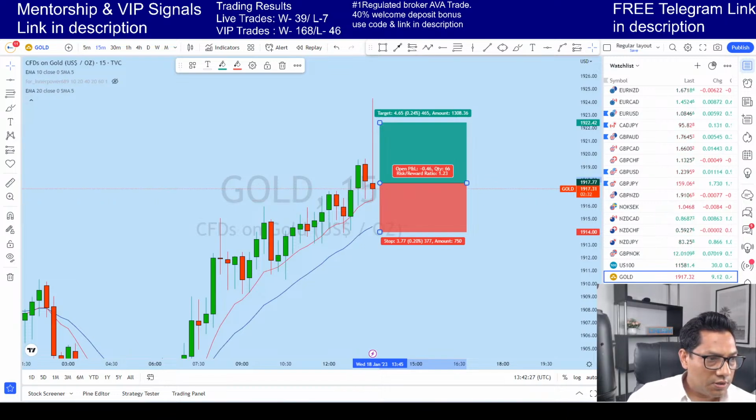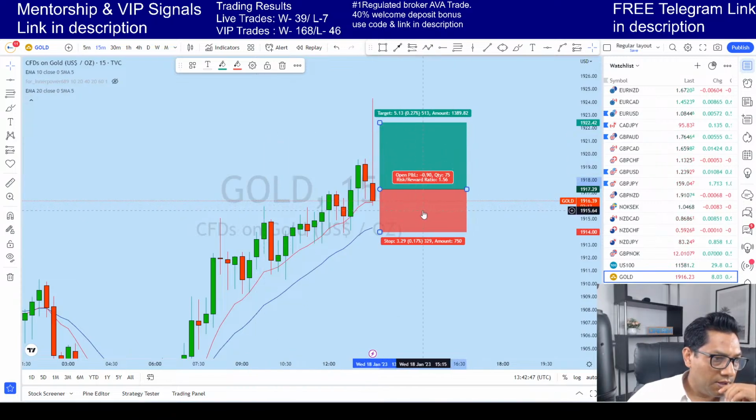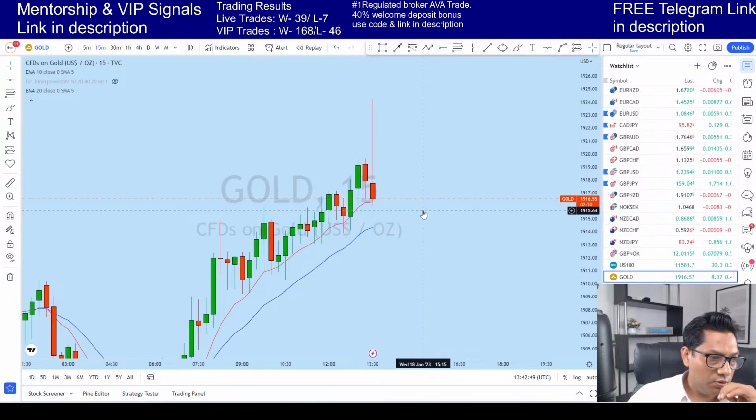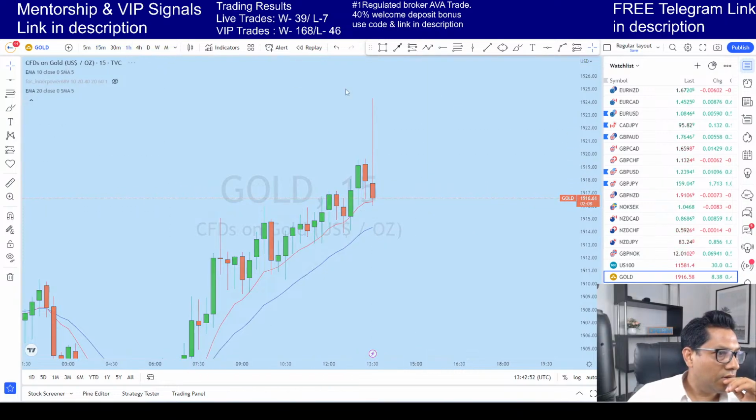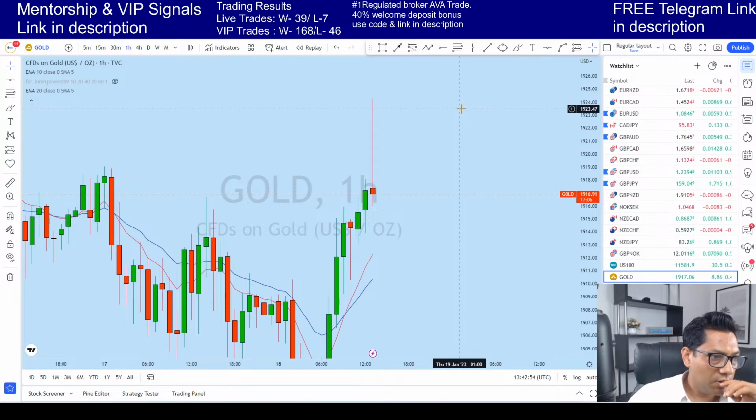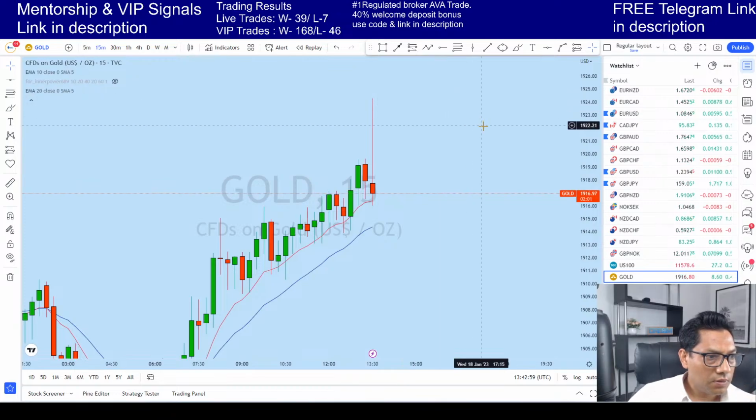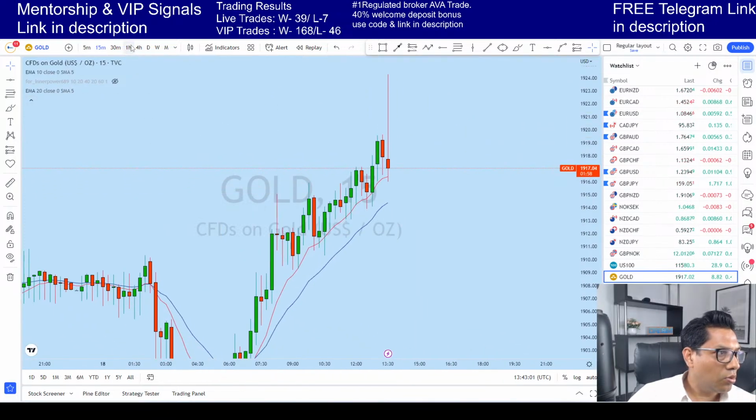We see some bearish movement. It's good for us that, okay, let's wait a second to see how it is doing. One moment, I want to see how this candle is closing.